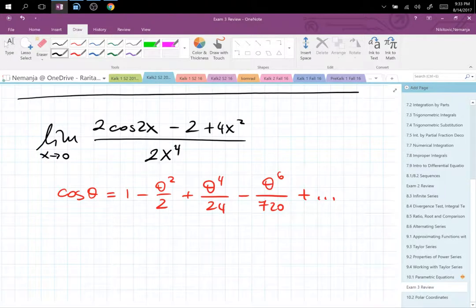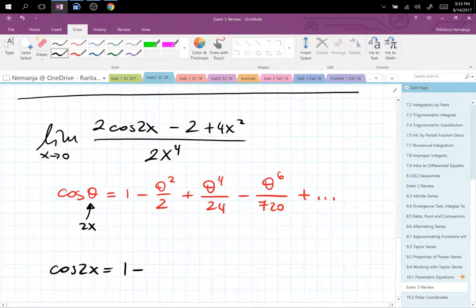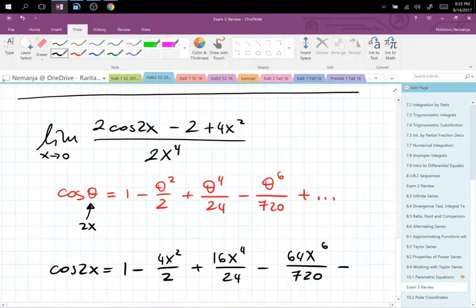That means that if I plug in 2x for each theta, because I have cosine of 2x, not cosine of x, I will get that cosine of 2x is 1 minus 4x squared over 2 plus 2 to the fourth power, which is 16 x to the fourth over 24, minus 64 x to the 6 over 720 plus dot dot dot.